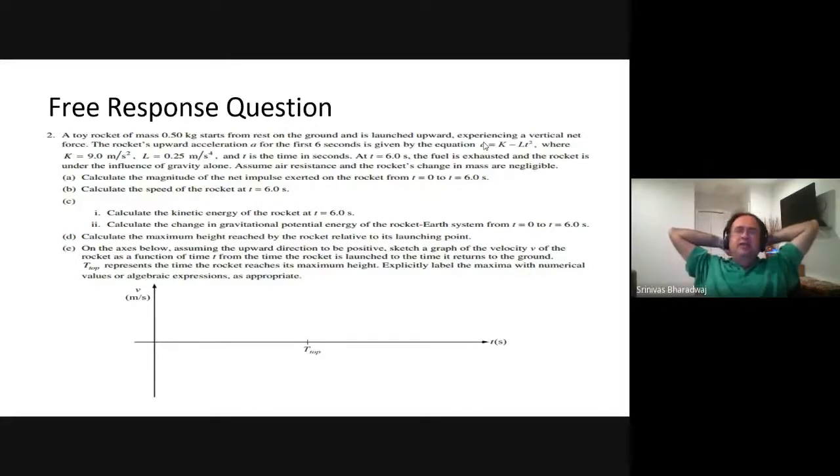Calculate the change in the potential energy of the rocket-Earth system from t equals 0 to t equals 6. So you can do GMm by r squared, because it is continuously gaining potential energy.